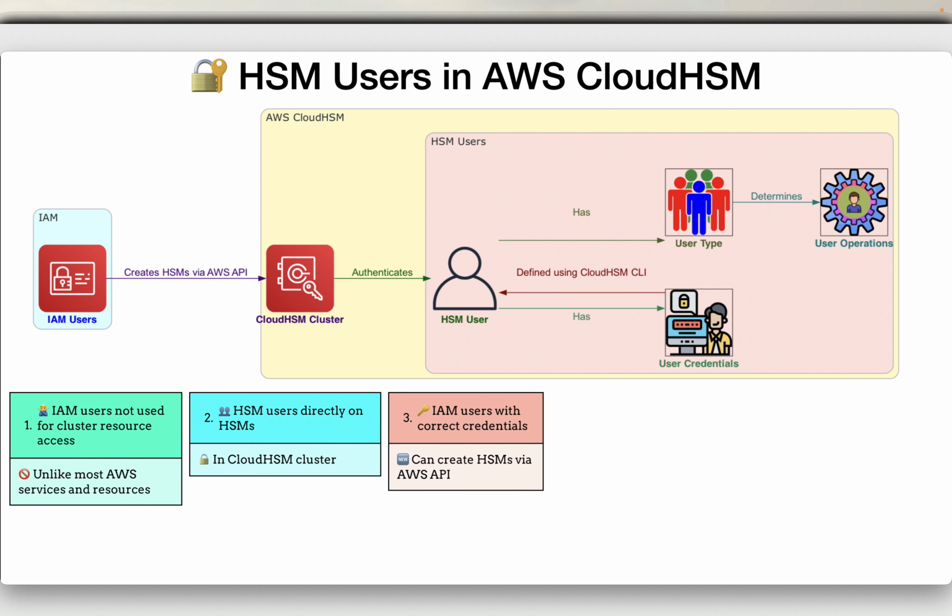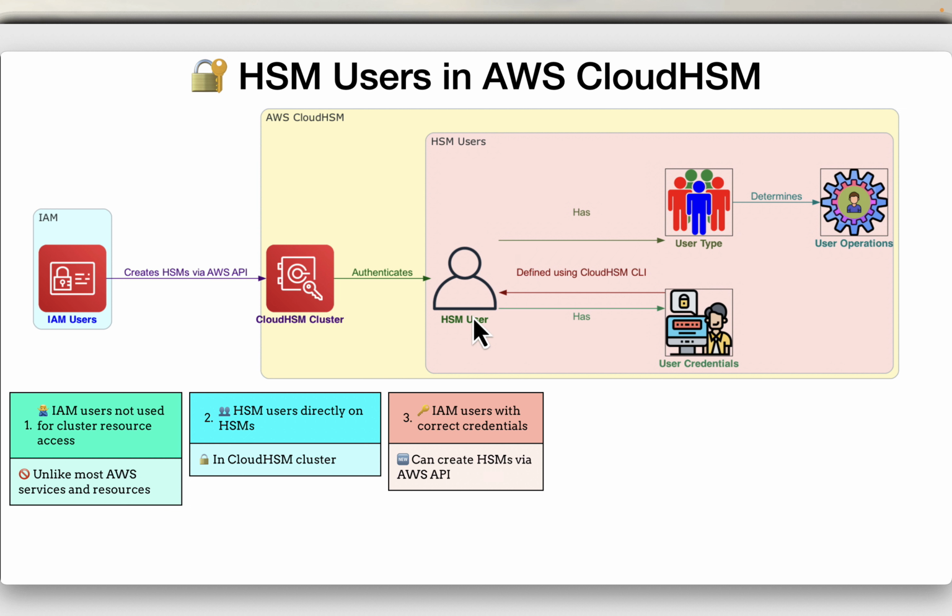IAM users who have the correct credentials can create HSMs by interacting with resources through the AWS API. So basically we are using IAM APIs to manage CloudHSM, but the users of CloudHSM will be its own users. You have to create users directly in the CloudHSM cluster.